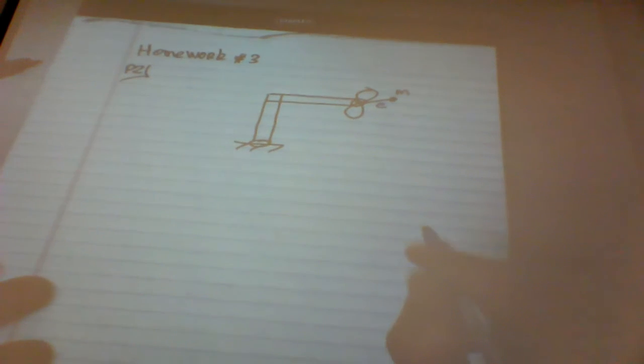Problem 2. So it looks like I give a figure here, about a wind turbine, a blade, some type of mass over here, and a distance E, and then a distance R over here.